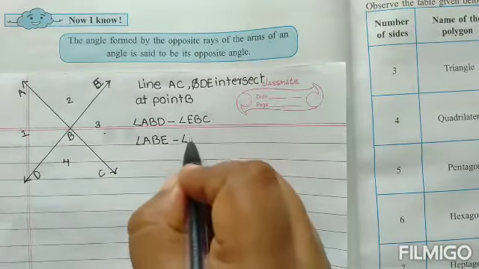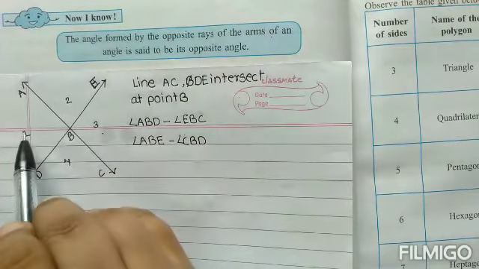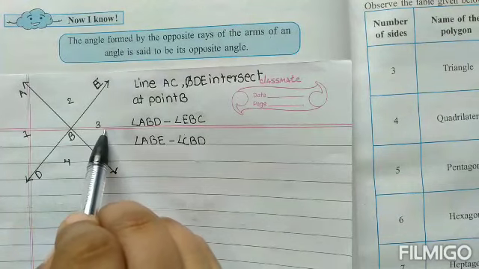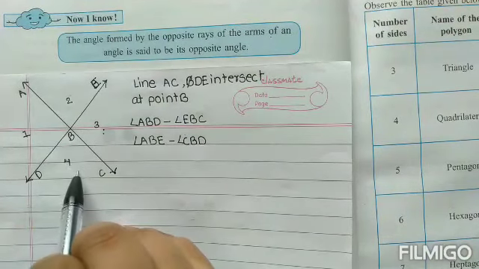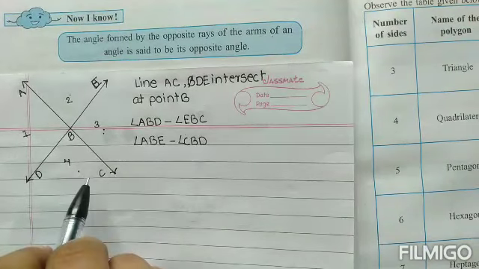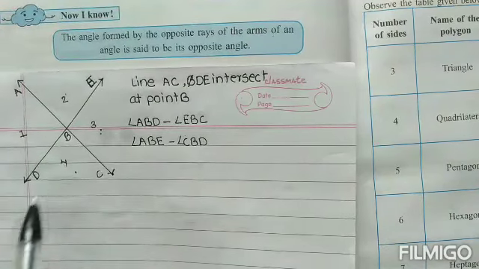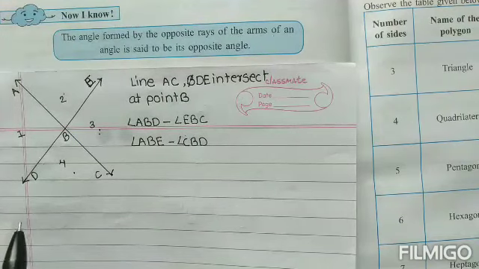Angle CBD. 1 is opposite 3, 2 is opposite 4. The numbers are given to help us understand better. Those who don't want to give the numbers or labeling like 1, 2, 3, 4, it is okay.